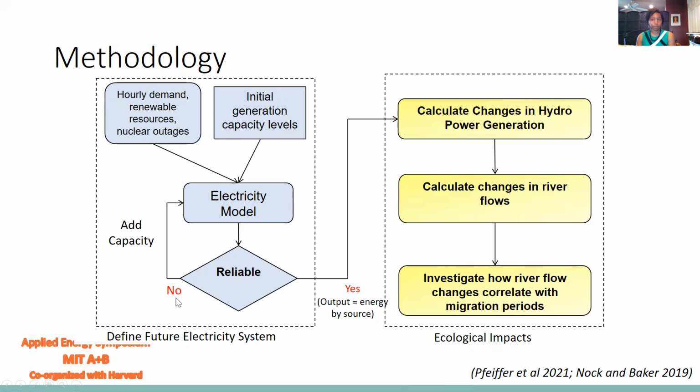If it is deemed not to be reliable, then we report that we need to add capacity and that portfolio is no longer included in our analysis. And if it is reliable, then we output the energy by source. We calculate the changes in hydropower generation under those varying levels of offshore wind. We then use that to calculate the changes in river flow, and then we investigate how river flow changes correlate with migration periods.